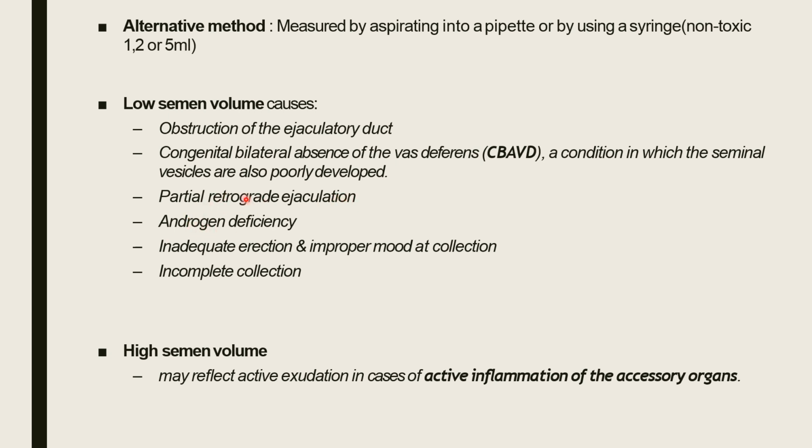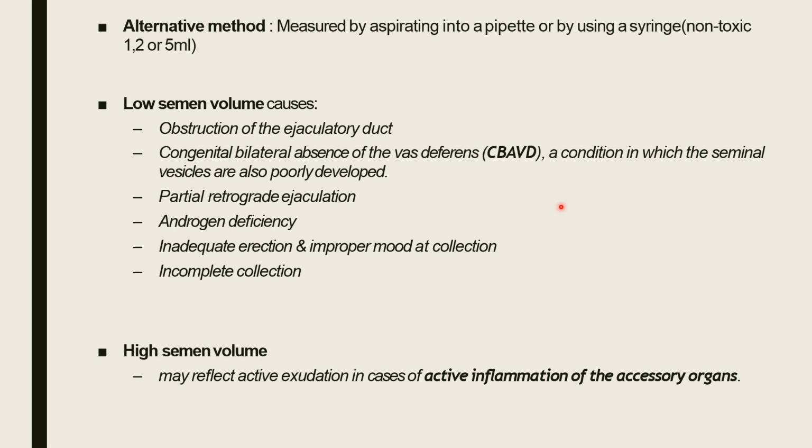It could also be due to androgen deficiency, because androgen stimulates the testes to produce their fluid, and stimulates all the accessory glands to produce their fluid. And then there could be inadequate erection and improper mood at collection.